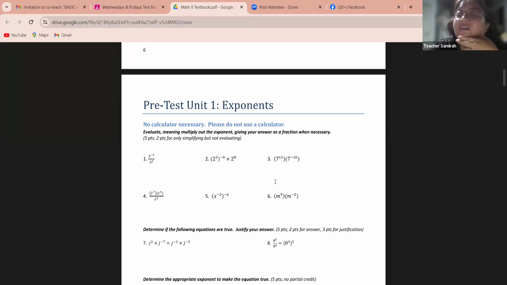What will be your answer? You are going to add the exponents of t raised to 7 and t raised to 4. What will be the answer for that one? It will become t with the power of 11 divided by t with the power of 5.